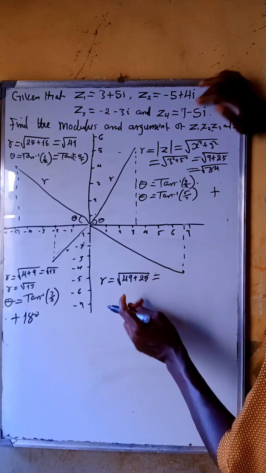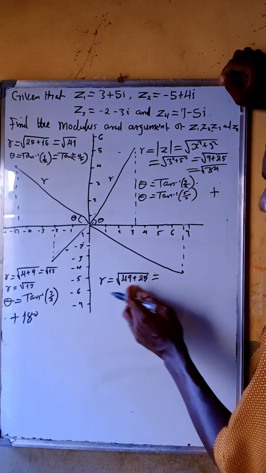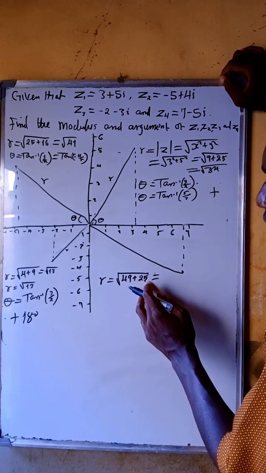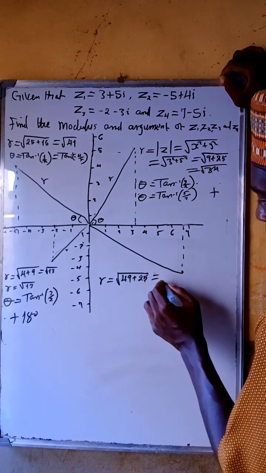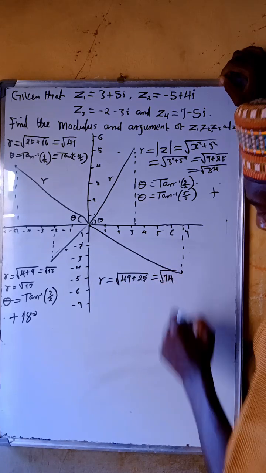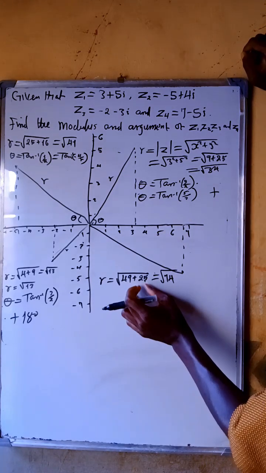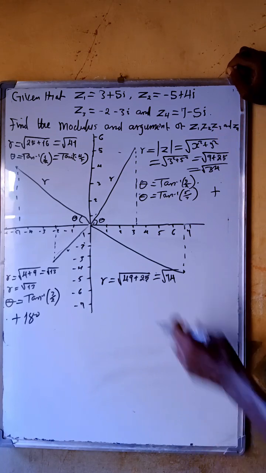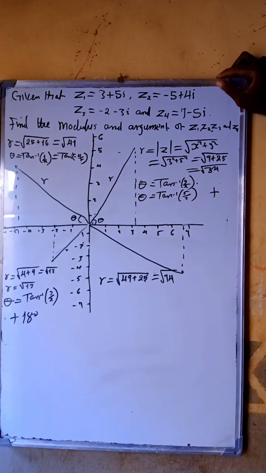This gives us the root of 74. If you add this much to this, it will give us 74. And this root of 74 is our modulus.